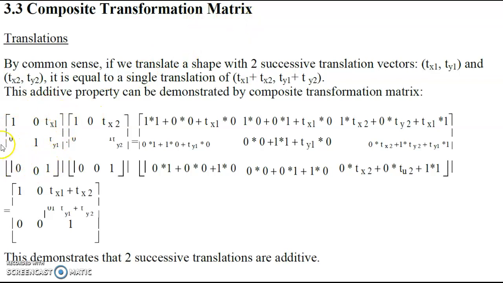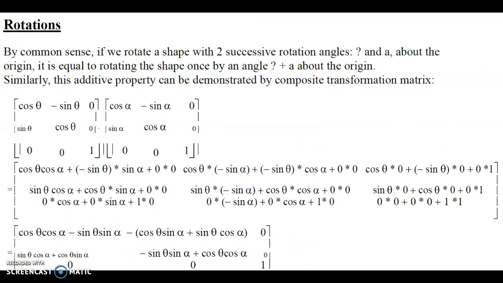This is the transformation matrix of the first translation. This is the transformation matrix of the second translation. If you cross multiply, you will get the sum of two translations in the transformation matrix. This demonstrates that two successive translations are additive in nature.